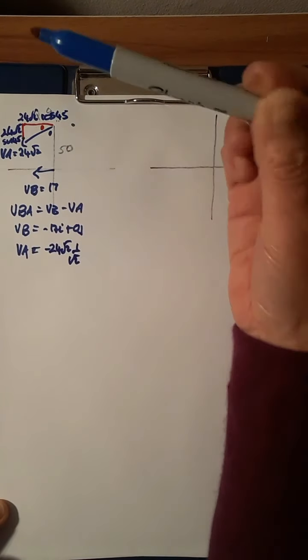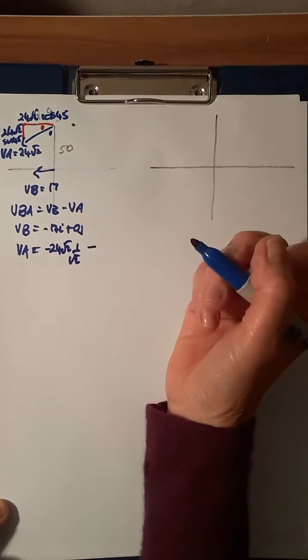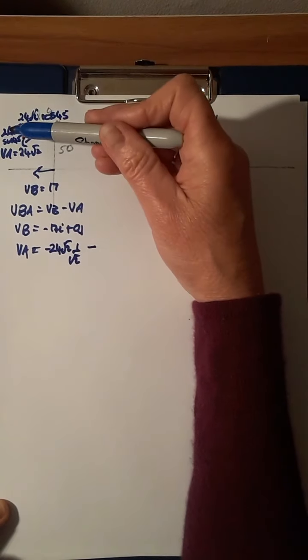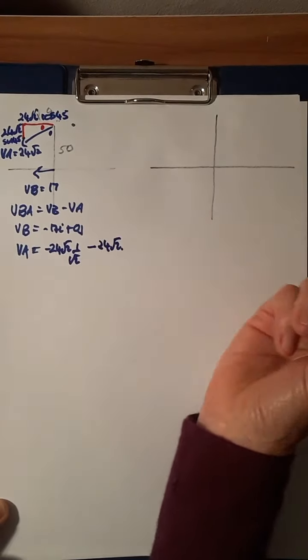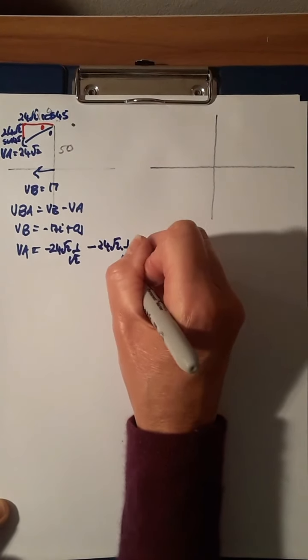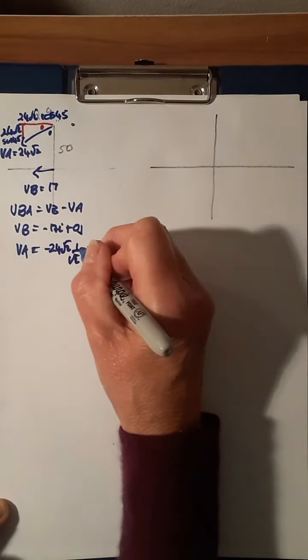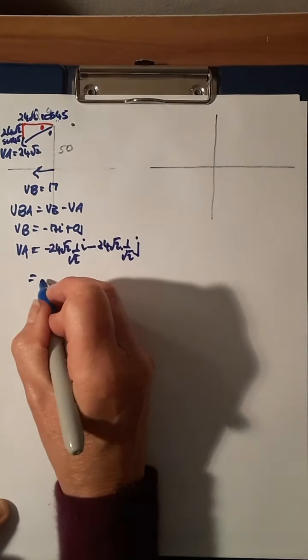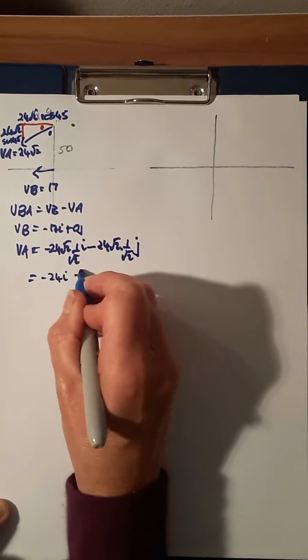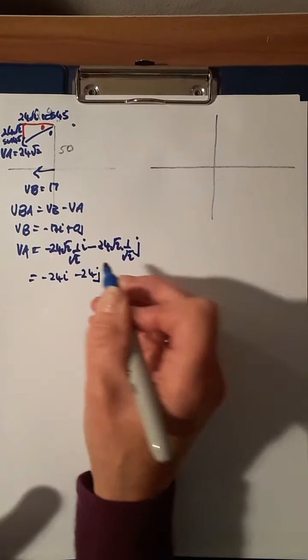It's going southwest, so that's going to be minus J axis. And again, it's 24 root 2 sine 45, and the sine of 45 is 1 over root 2 as well. So that's my I component, that's the J component. And when I tidy that up, it becomes minus 24I minus 24J.